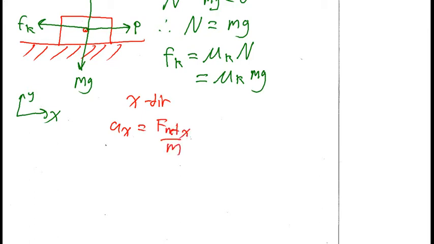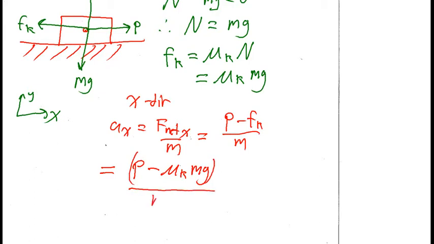And so we see from the force diagram that that is the pushing force minus the frictional force divided by the mass. And since we have the expression for the frictional force from above, we can write this out algebraically as P minus mu K mg divided by the mass of the car.